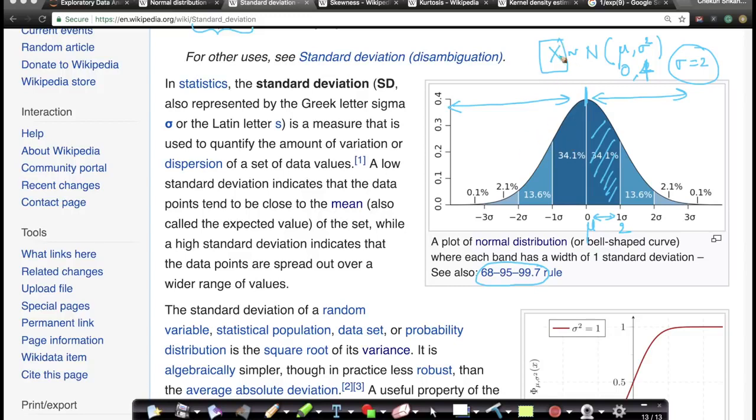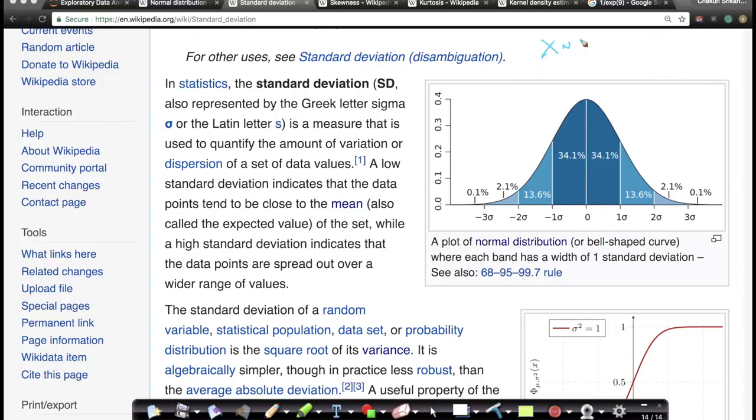So let's assume x follows a Gaussian distribution with these 0 and 4, and if I sample values from x, which means if I start taking observations from x, I can tell you without actually doing the experiment, as long as x follows a normal distribution, that between 0 and 2, or between mean and first standard deviation, here our mean is 0 and our first standard deviation will be 2, right? 34.1% of points are here.